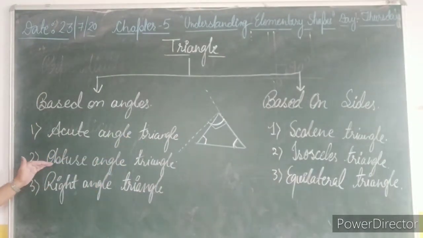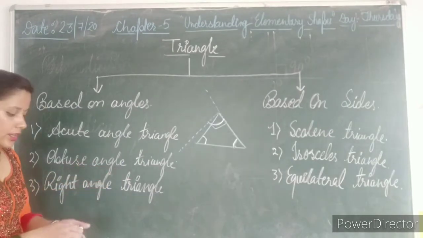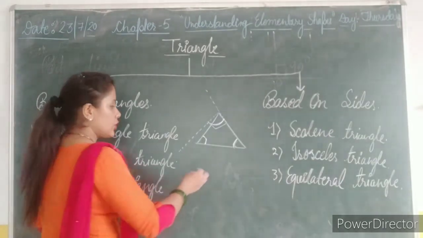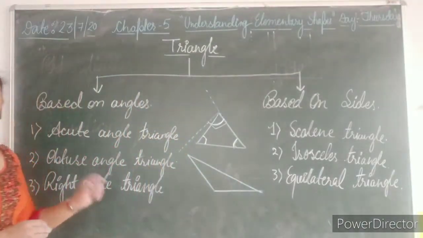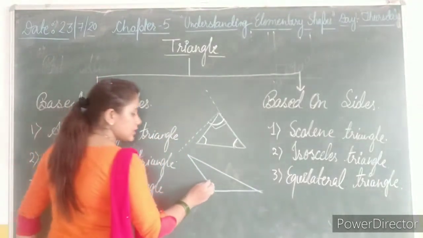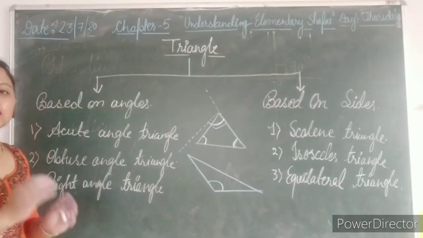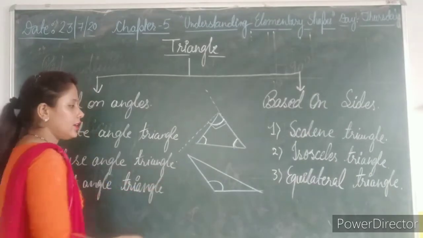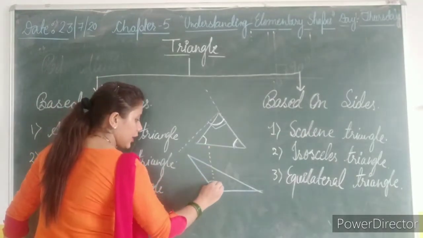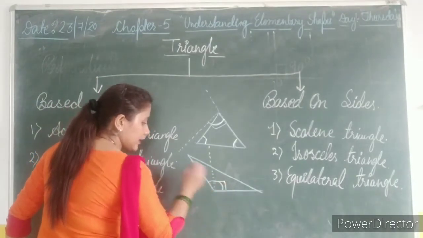Okay. Next is obtuse angle triangle. So here, that is your obtuse angle triangle. Why? Because here one angle is greater than 90 degree. And how can you say that this one is greater than 90 degree? Again, just draw a perpendicular line. So this is 90 degree.